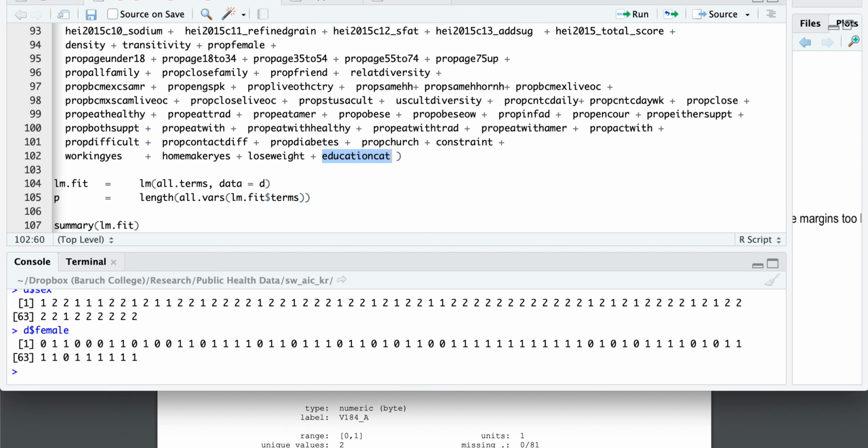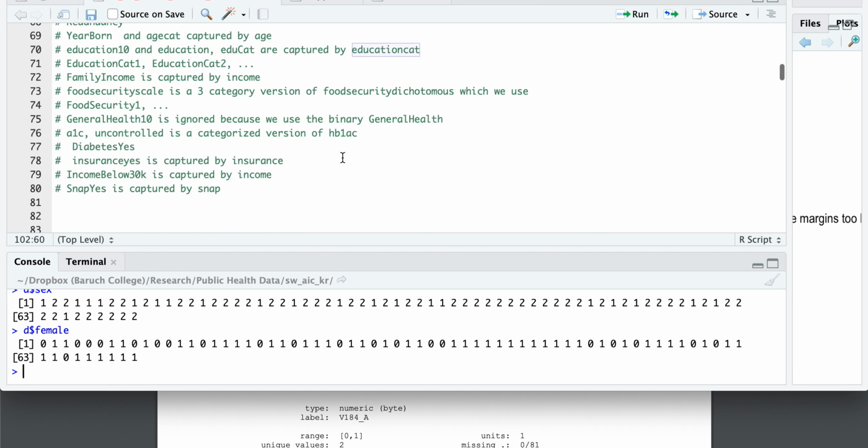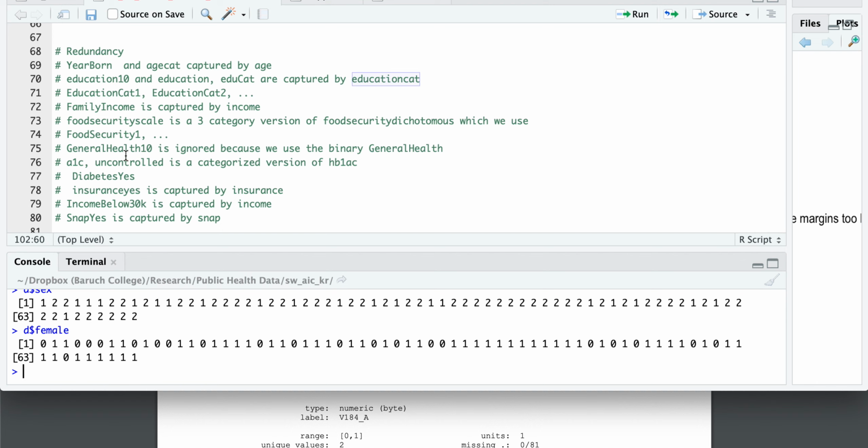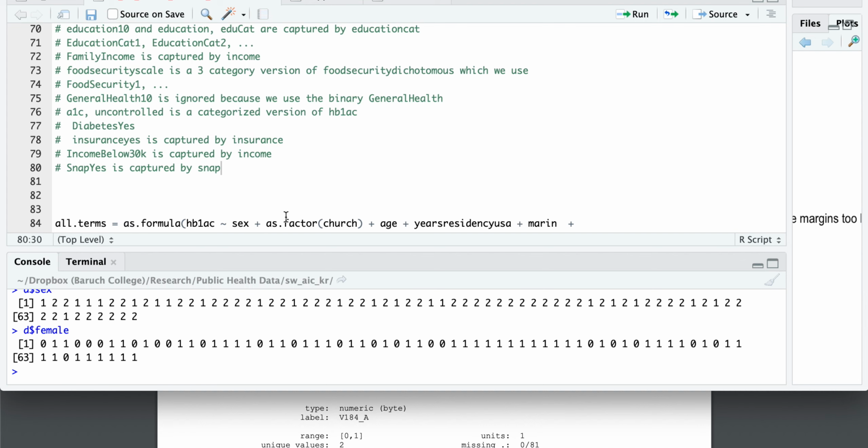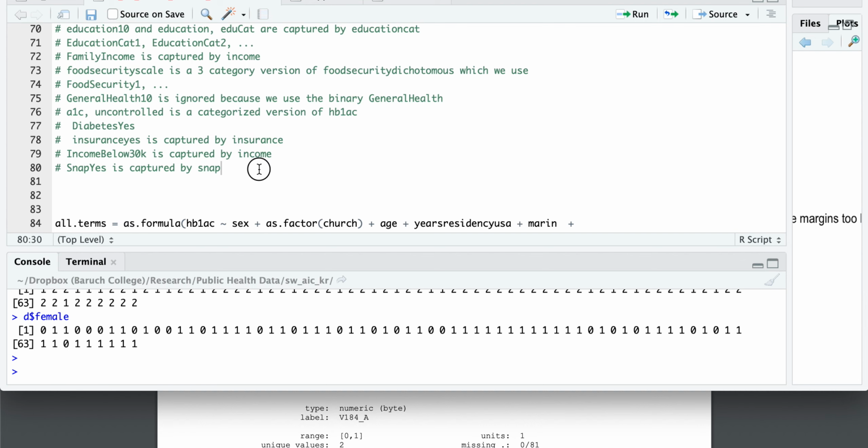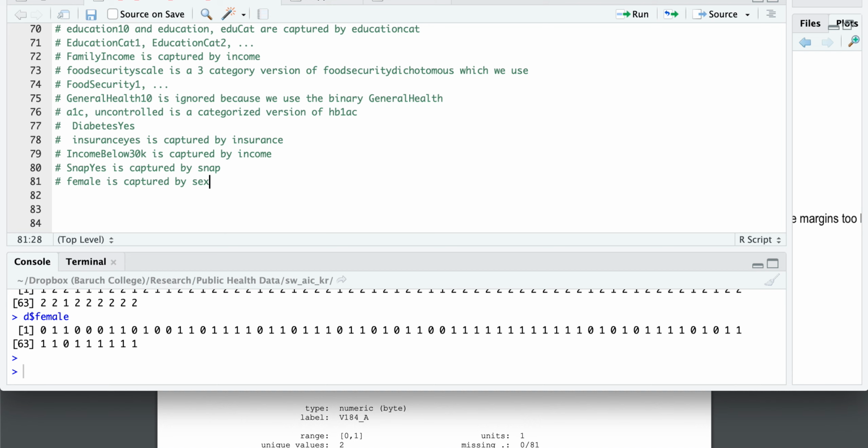Okay, but here we're removing them, and that's why we remove female, because female is captured by sex. But where is it? Okay, we haven't put it there. Female is captured. Okay.